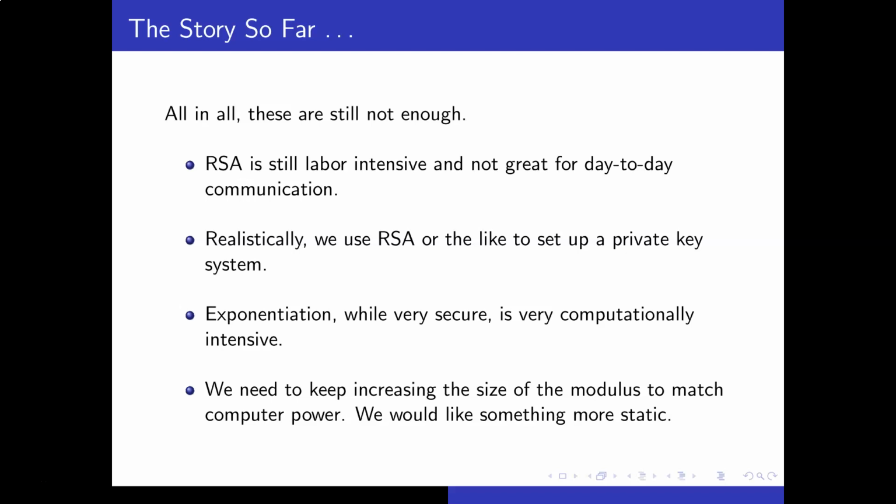We'd like something that would remain static for a while. Now, there is no guarantee or expectation that you could find some crypto system that was fast, reasonably secure, that would last forever. Computers will eventually become powerful enough to crack most systems. So you will have to advance it from time to time, but we don't want to have to be doing it constantly.